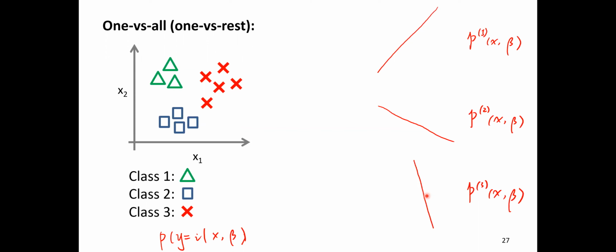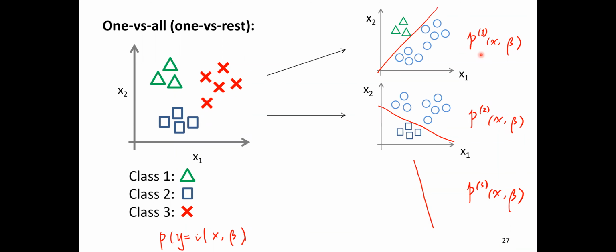The idea is you do one versus all. For example, for this class, you do one versus all and establish one logistic regression. Then you rotate to the next one versus all, and you get the second logistic regression model.